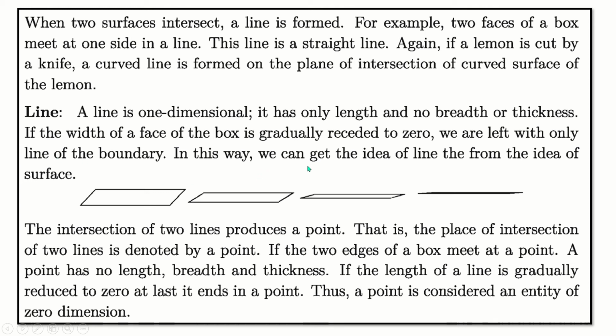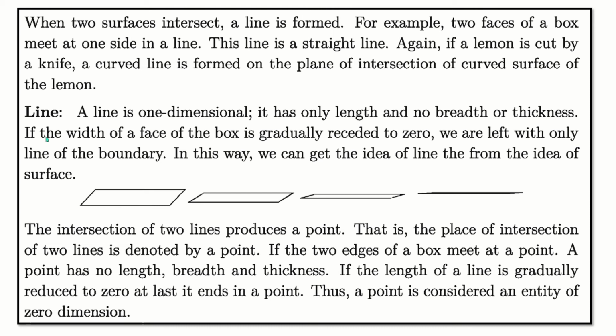In this way, we can get the idea of a line from the idea of a surface. That means from the idea of a surface, we can say which one is a line. We know one more definition of a line: a line is one whose initial and ending points are absent.